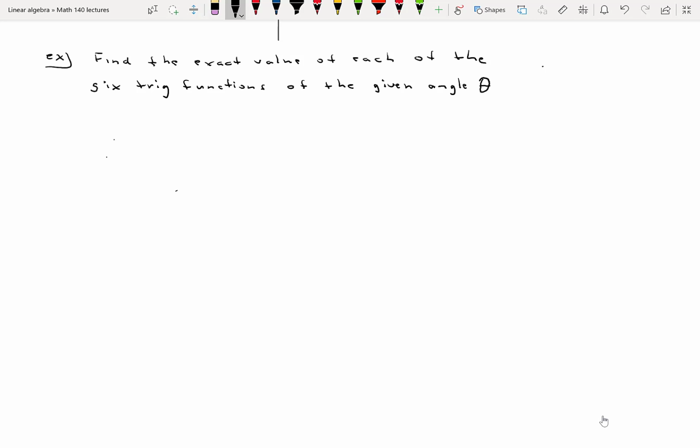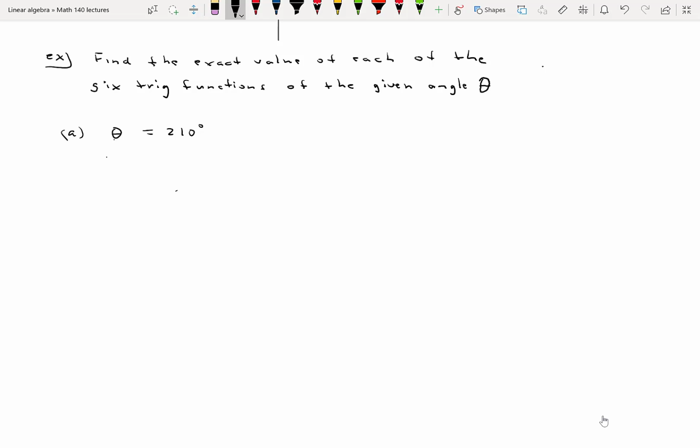Find the exact value of each of the 6 trig functions of the given angle theta. And the given angle theta in the first example is going to be 210 degrees. I want the sine of 210 degrees, the cosine, the tangent, etc.